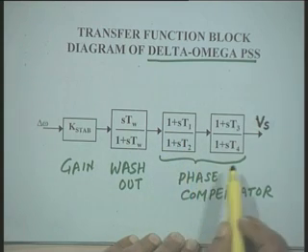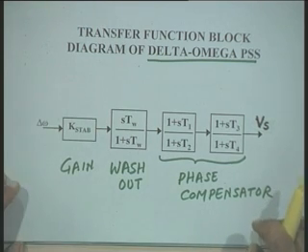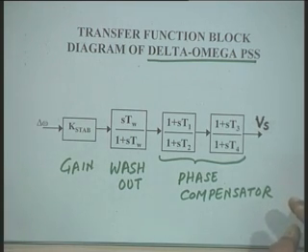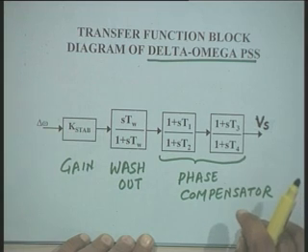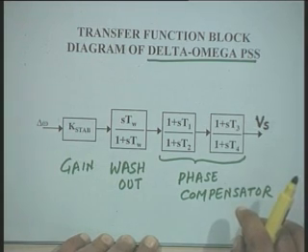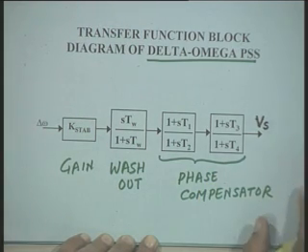These two put together will form the phase compensator, because the power system stabilizer is to compensate for the phase lag between the exciter input and the air gap torque, and to produce a torque in phase with the speed deviation. The phase lag of the system is the phase lag of the exciter and the synchronous generator.